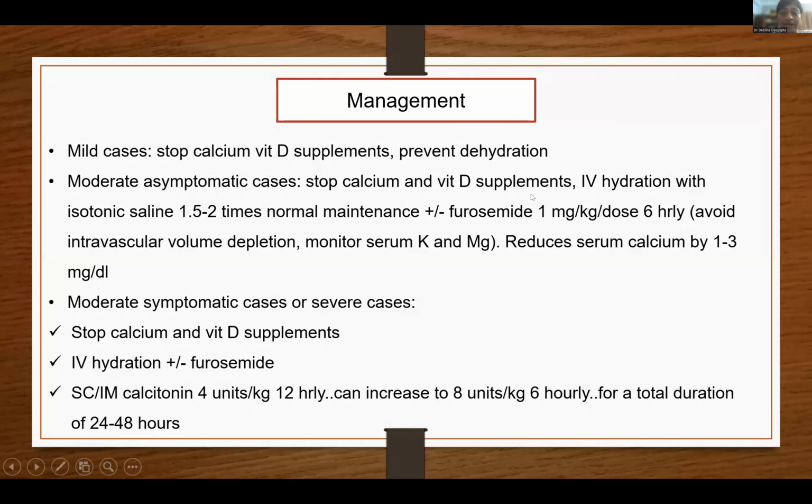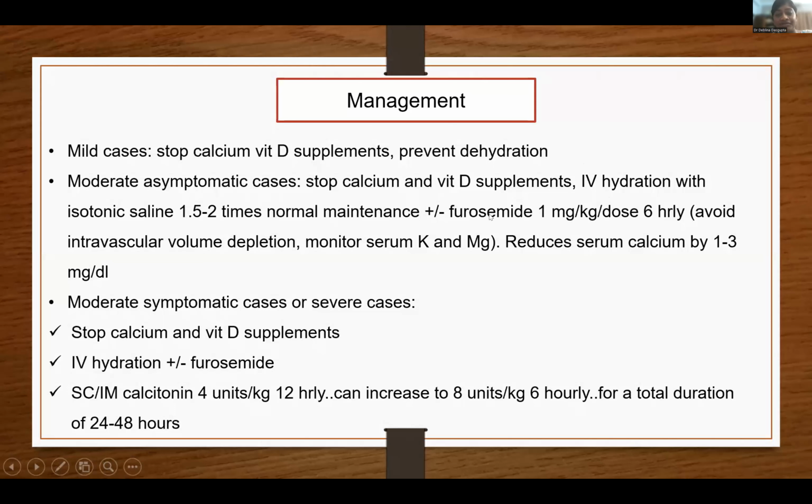So how will I do that? If I do IV hydration with isotonic saline, that itself will tend to cause hypercalciuria. Why? Because I am increasing sodium delivery to my kidneys. And if I increase sodium delivery to my kidneys, there will be increased sodium reabsorption, and in turn, there will be increased calcium excretion. So if I just give IV hydration with isotonic saline 1.5 to 2 times normal maintenance, I can achieve hypercalciuria.